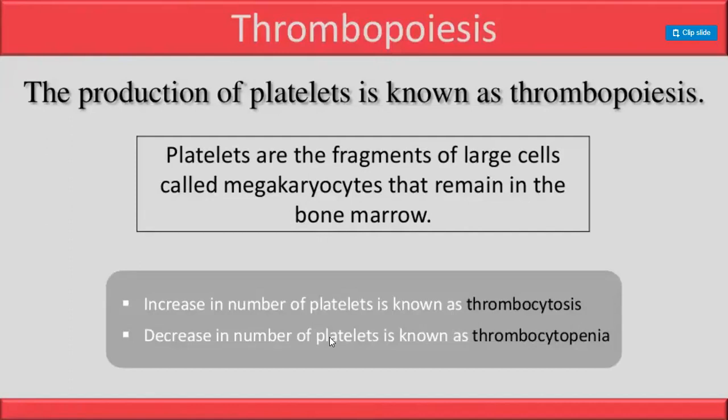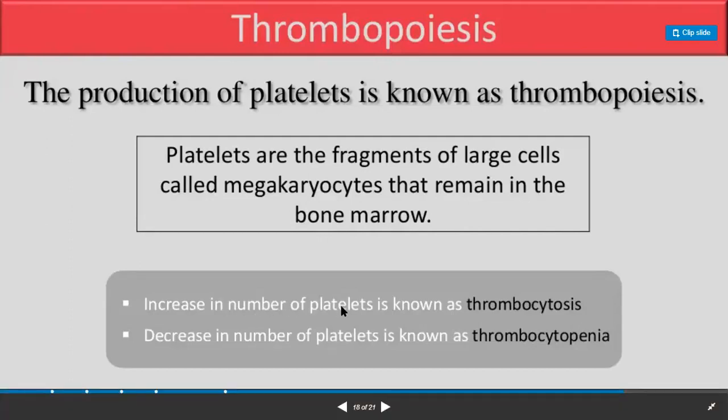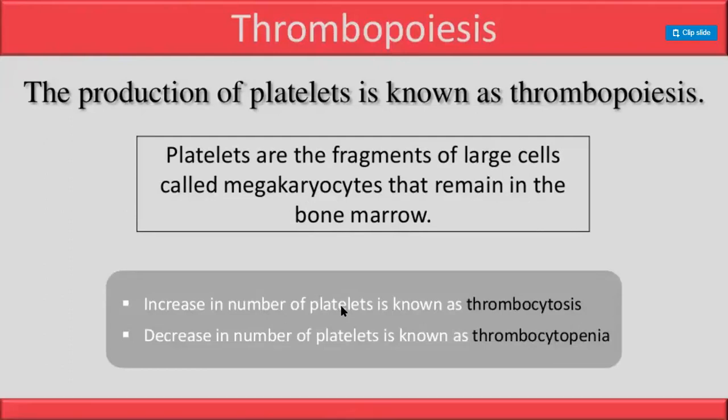Now, an increase in the number of platelets is known as thrombocytosis. So imagine that a patient has 600,000 platelets per microliter of blood. That has far exceeded the normal value, which we said should be around 150,000 to 400,000.